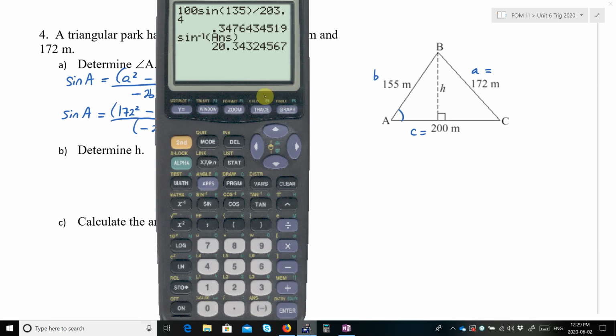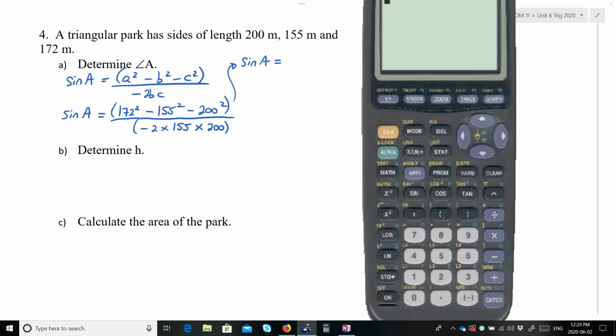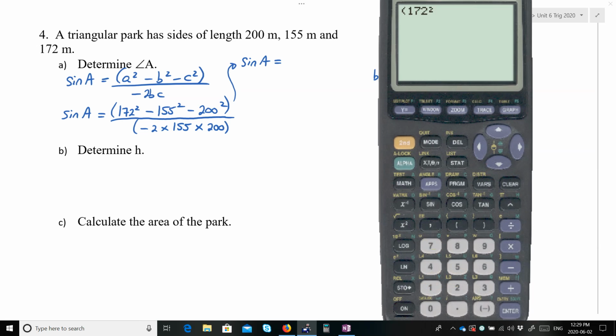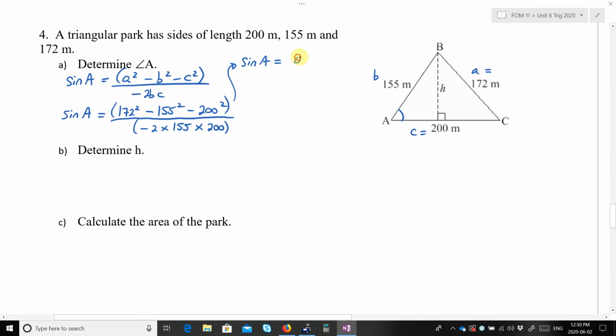So sine A is equal to 172 squared minus 155 squared minus 200 squared over negative 2 times 155 times 200, which is 0.5555.